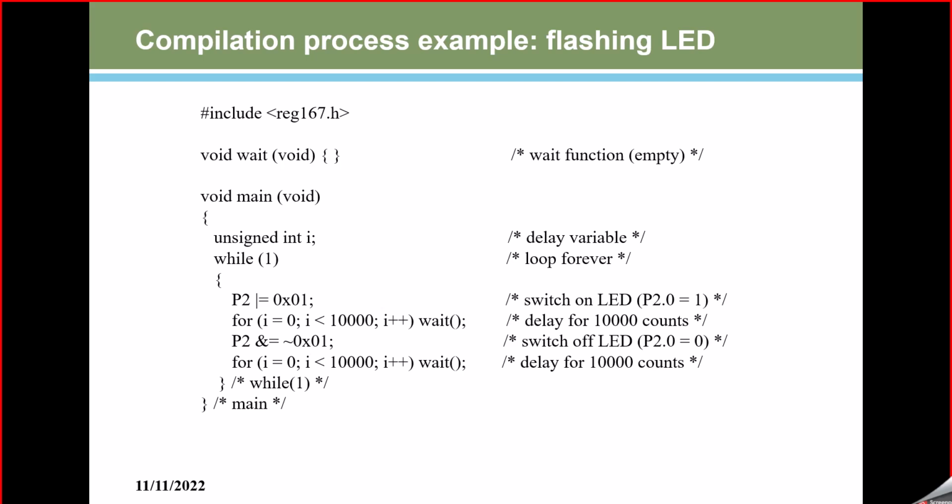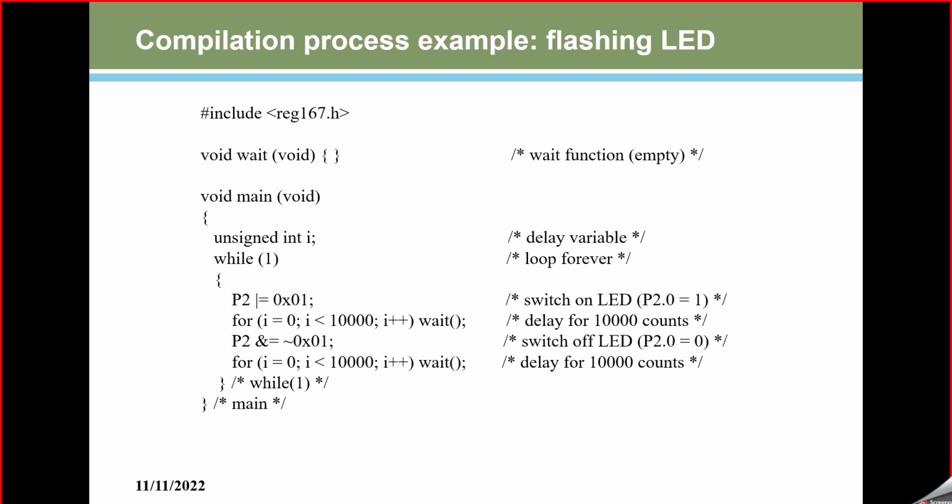Why do we want to include it? Because we want to use those registers. You can see in the code a line P2 = 0x01. P2 is one of the predefined registers. With respect to a microcontroller, we have registers. You can use P0 also, we can use P1, P2, P3 also.